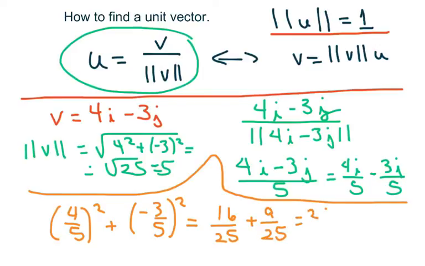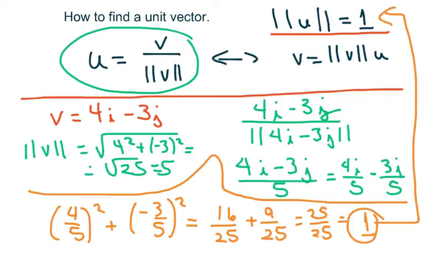That equals 25 over 25, which equals 1. And the magnitude of a unit vector is 1, so we did find our unit vector. If you're ever taking a test and you want to know if your answer is right, just do what we did: square it out and see if you get 1.